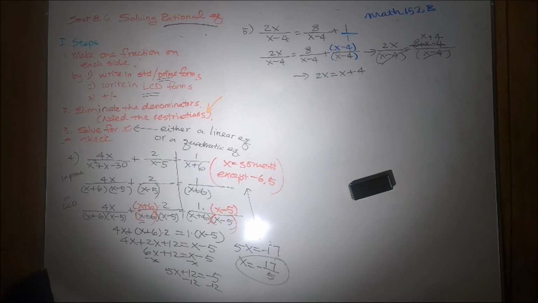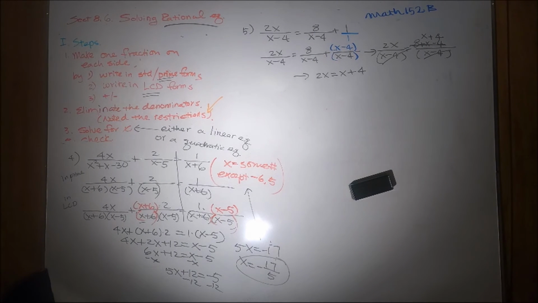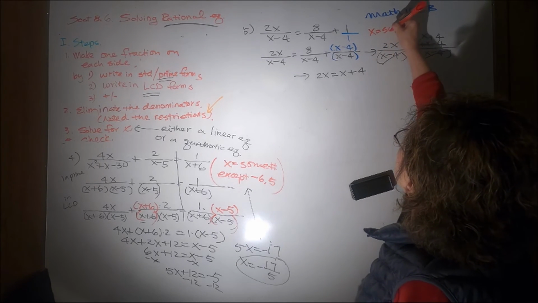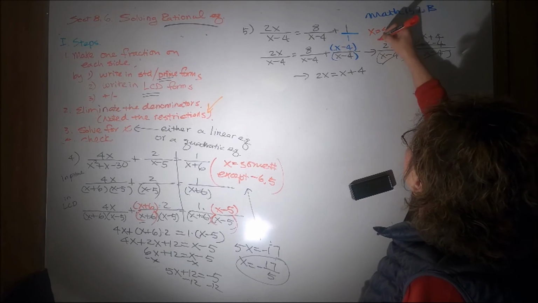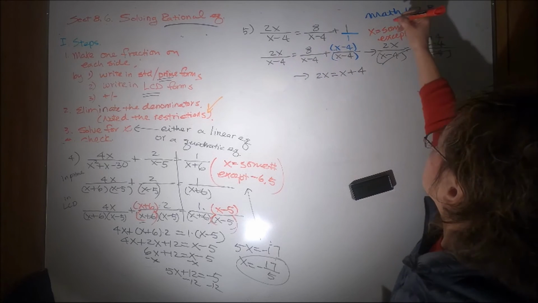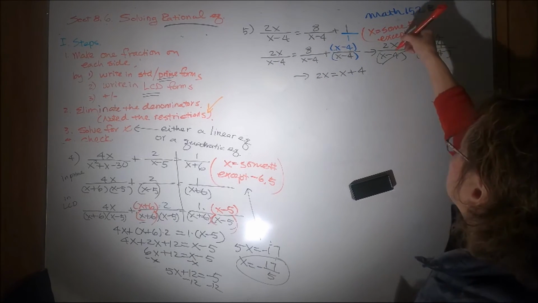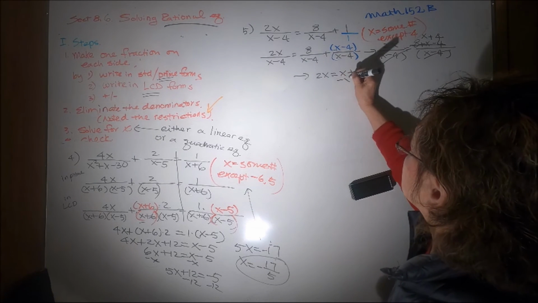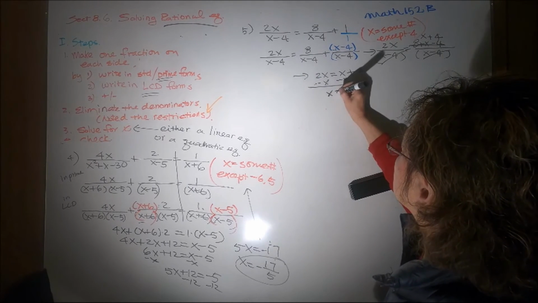You have linear equations. At the same time, when we cancel out, we try to find the answer. Make sure you write the restrictions. So x equals some numbers, except which one we cannot use right now is just 4, right? So you can check against your restrictions. Now that's minus x, so x is 4.